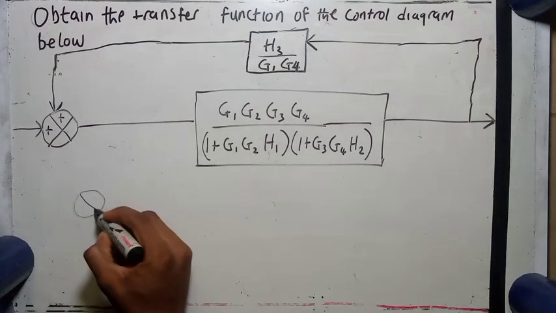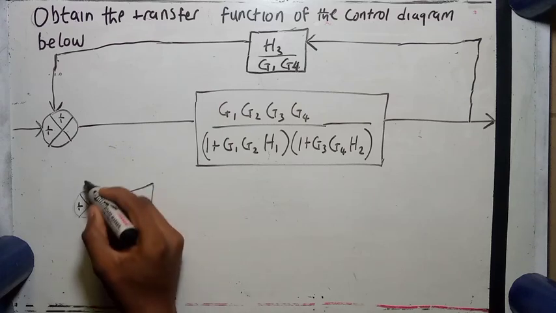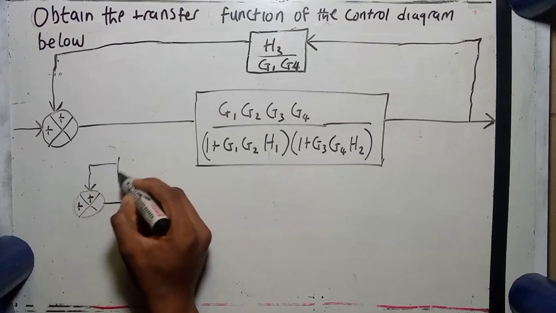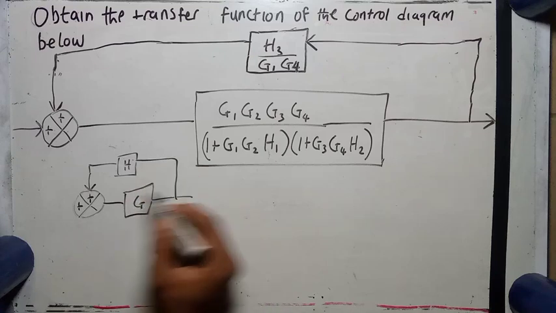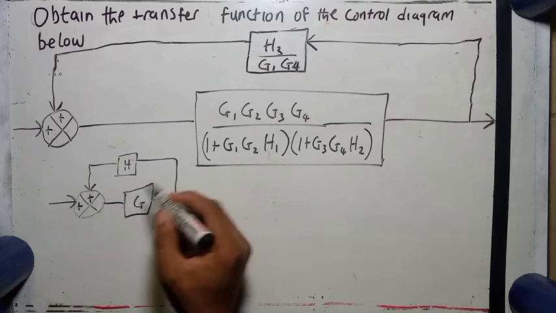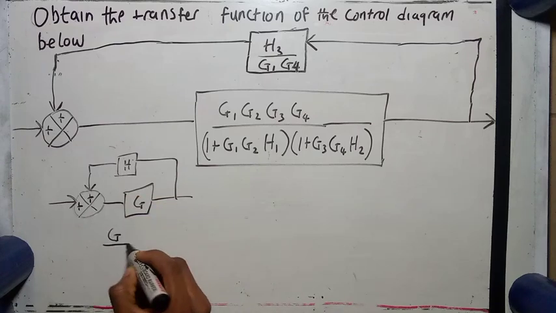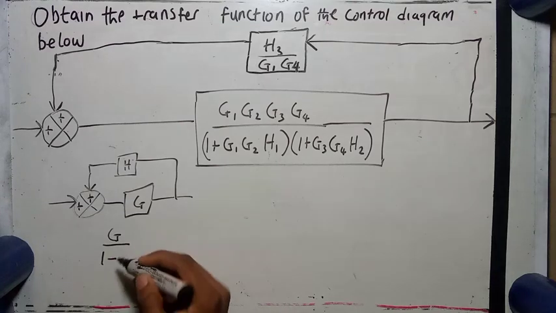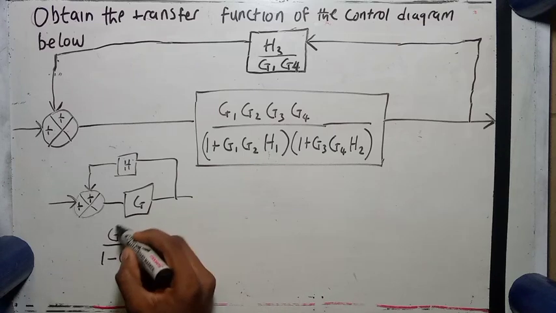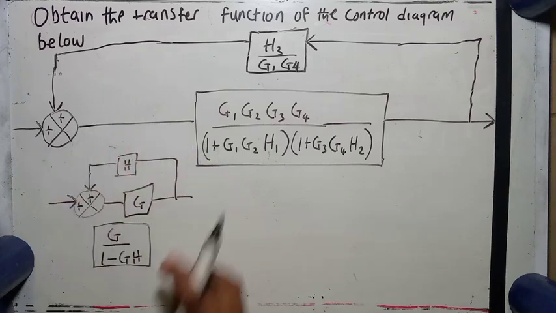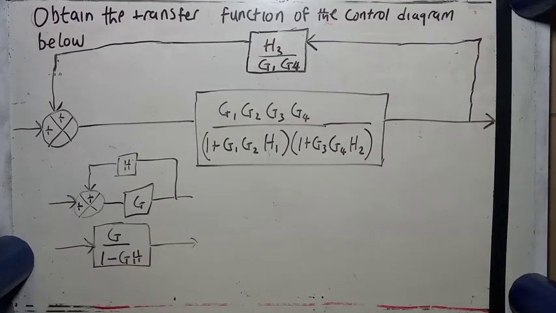In the case where you have this, here is plus, your transfer function is G, and the other transfer function is H. Now for this, our transfer function is going to be G over 1 minus, because here is plus, G H. We're going to be replacing the whole of this with this. This will then be our new transfer function. So that's our aim here.